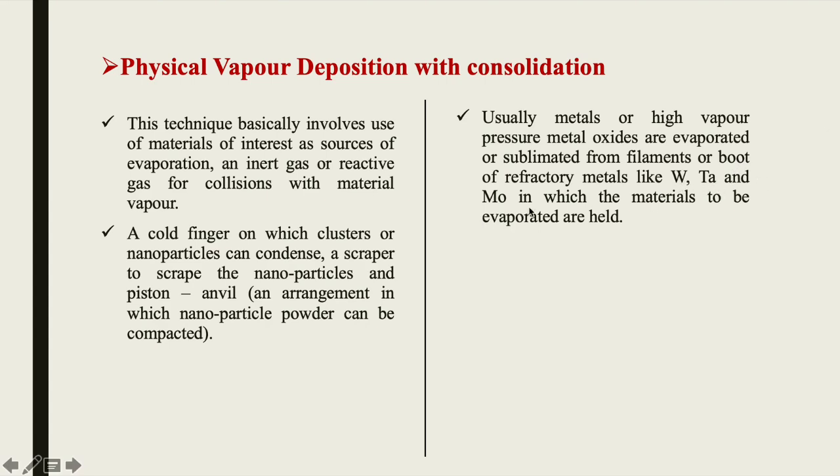These three types of metals are used as refractory metals, in which the material to be evaporated is held. So the container material is tungsten, tantalum or molybdenum. These three materials are generally used to synthesize nanoparticles or to make high vapor pressure metal oxides evaporate.